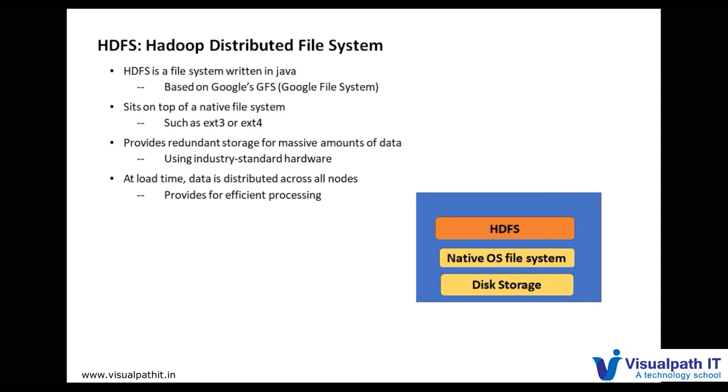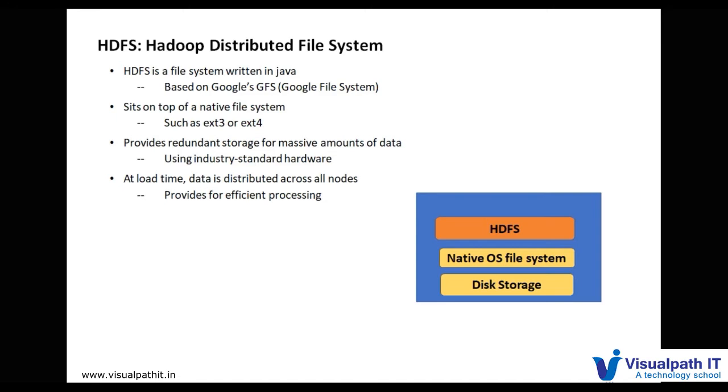It provides redundant storage of massive amounts of data. Hadoop is designed for storing massive, meaning huge, amounts of data, and we can load it and process it, using industry standard hardware. At the time of loading, data is distributed across all the nodes, that is, the data nodes.